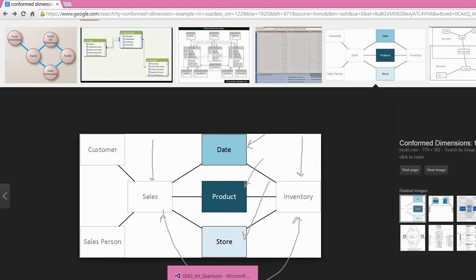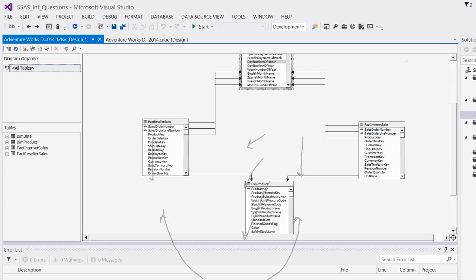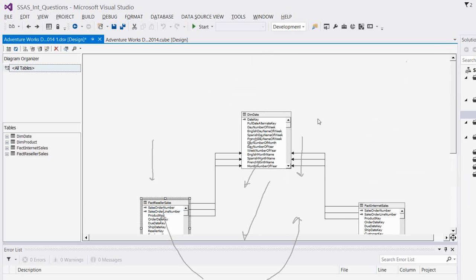If you go to the SSAS project here, this is my fact table, fact internet sales, which will have the internet sales information, and here the fact reseller sales information. These two fact tables can be joined, as these two fact tables have conformed dimensions, that is dim product and dim date. The dim date is the one which is common, and will have the same meaning with almost any fact table that you take in the world.